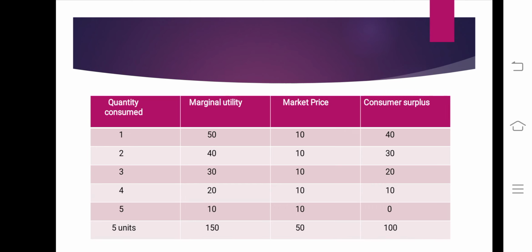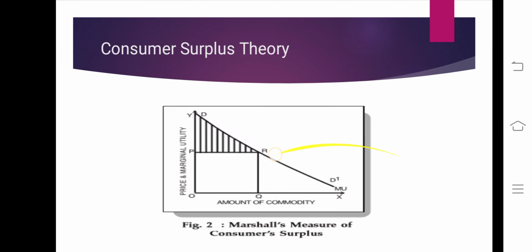That is 40 minus 10, so the consumer surplus is 30. So overall, if a person consumes 5 units, the total marginal utility will be 150 and the market price will be 50. So 150 minus 50, the overall consumer surplus will be 100. This is all about the consumer surplus example.